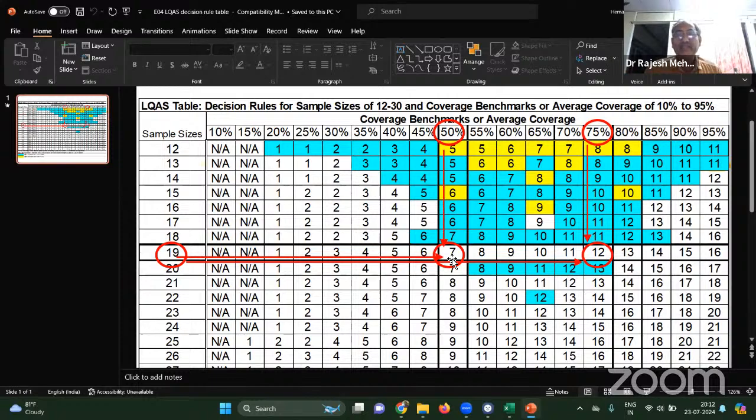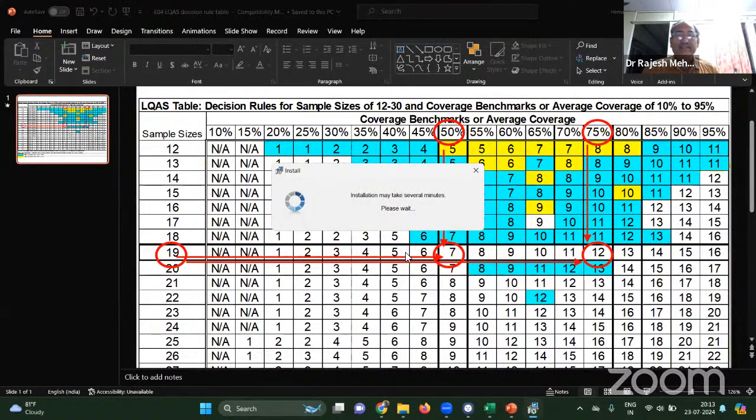What does it mean? If only 7 are having adequate water supply, more than 50% are not having adequate water supply. I repeat, if only 7 say that they had adequate water supply, that means 12 had no adequate water supply. That means 50% or more people are not having adequate water supply.